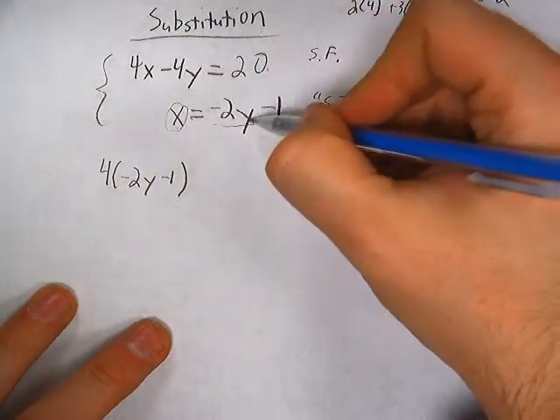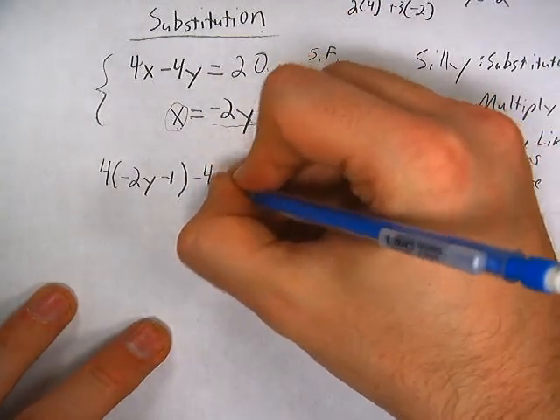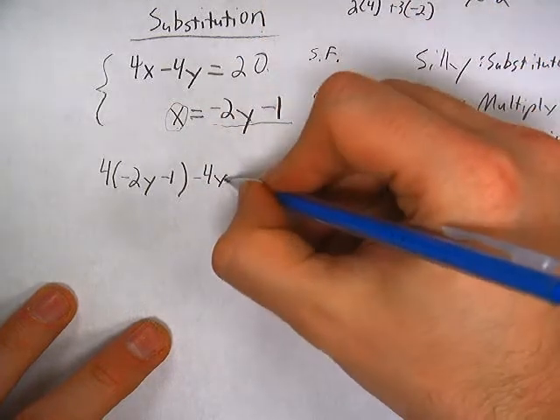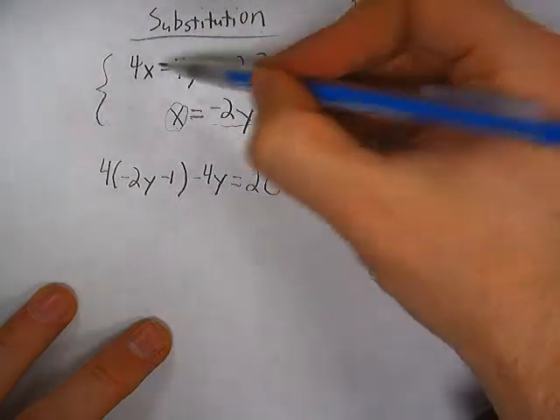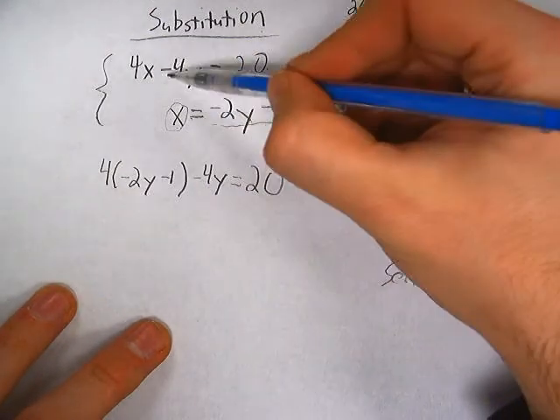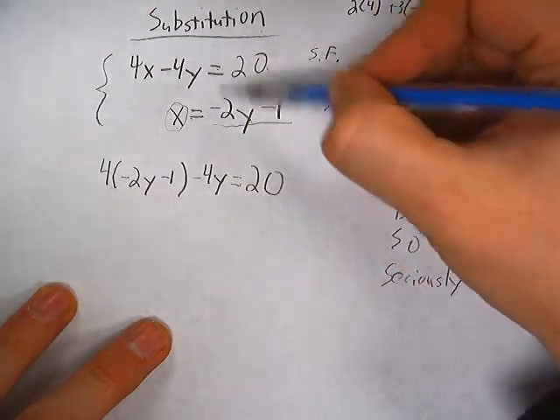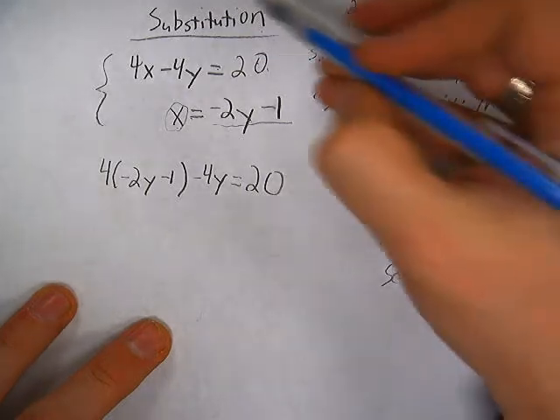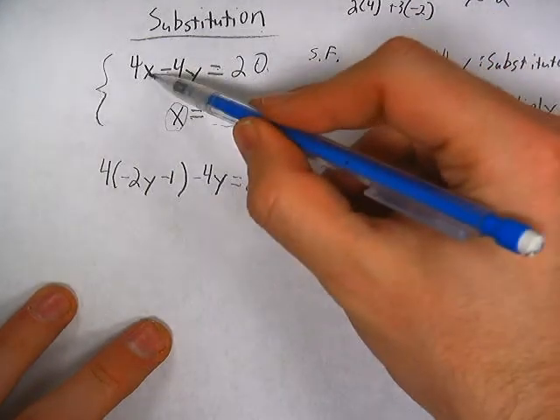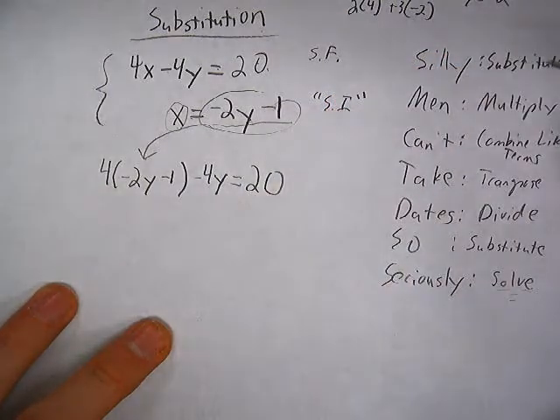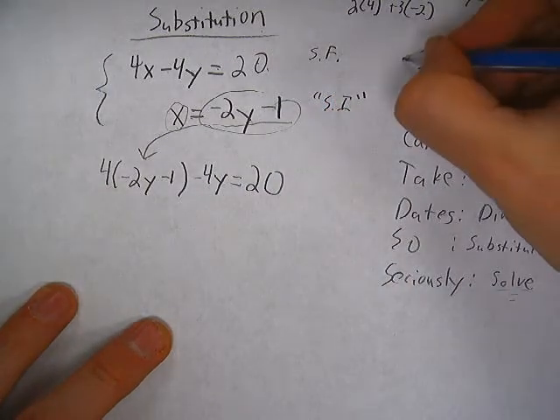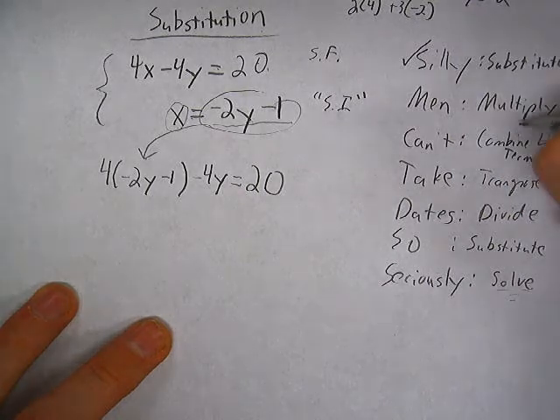The rest of the equation, the minus 4y, gets transferred down, and the 20 as well. The 4 is still here, the minus 4y is still here, the equal gets transferred down, the 20 is still there. The only difference is that instead of this x, I wrote negative 2y minus 1. There's my substitution step.